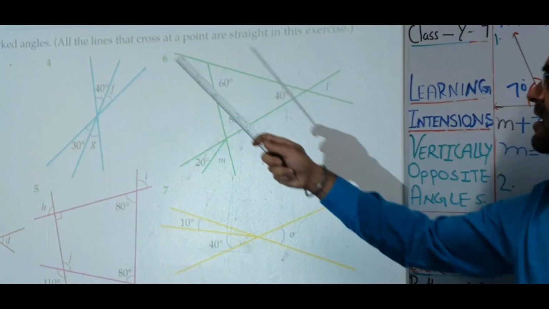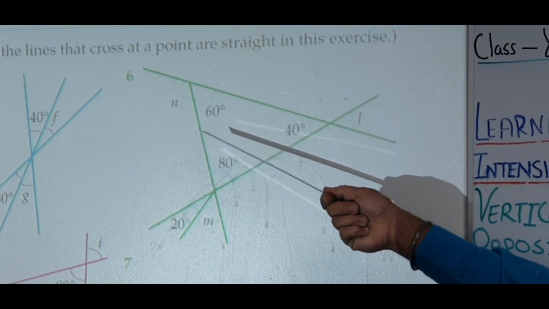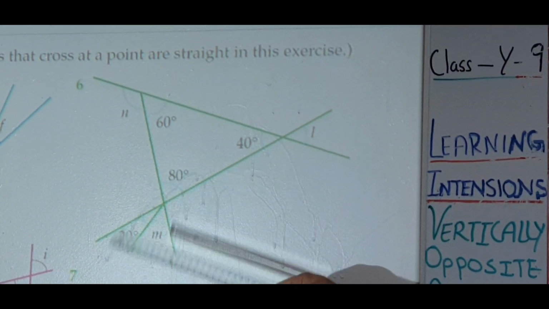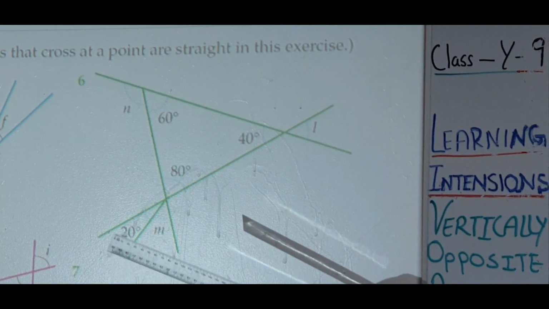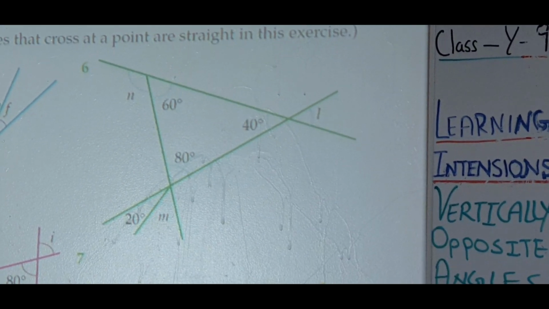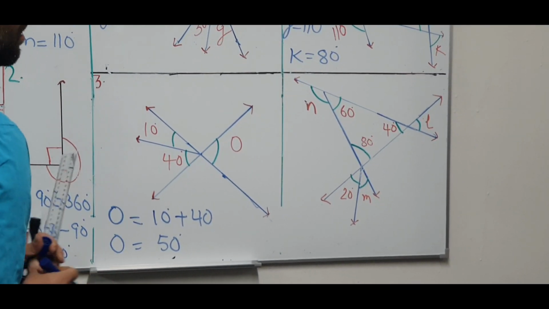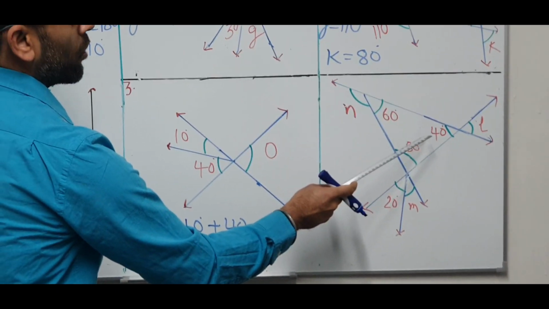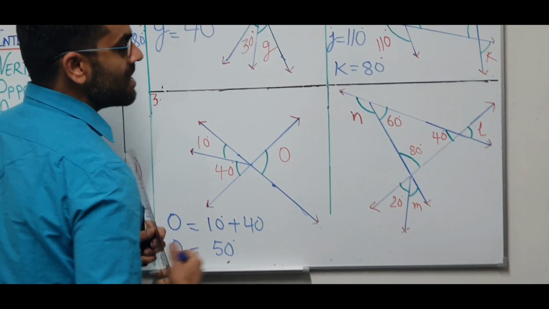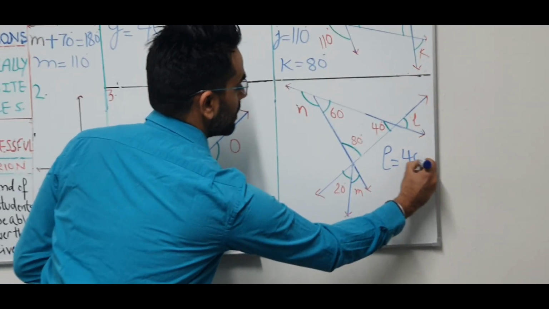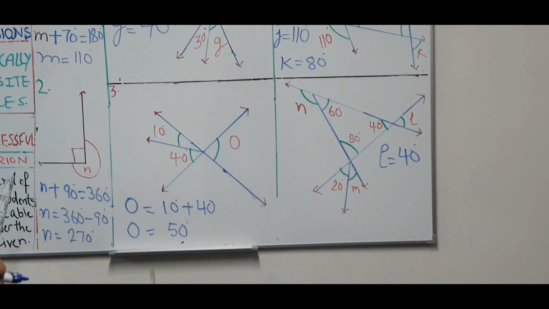Here you see one angle is 60, one angle is 40, one angle is 80, and one angle is 20. So easy. You see 40 is just opposite to L, so L is equal to 40 degrees.